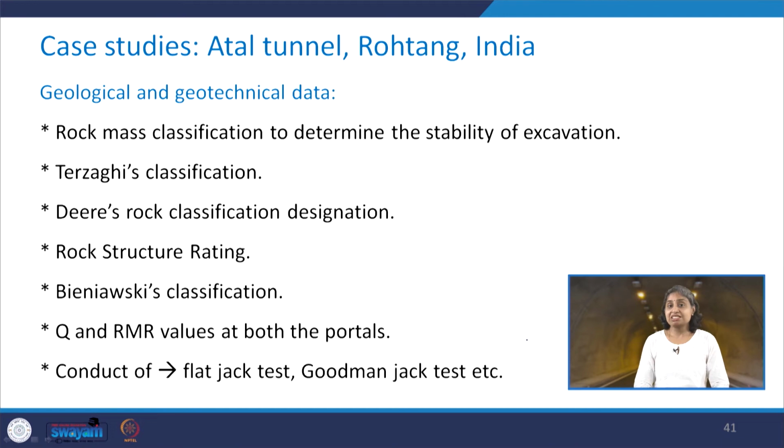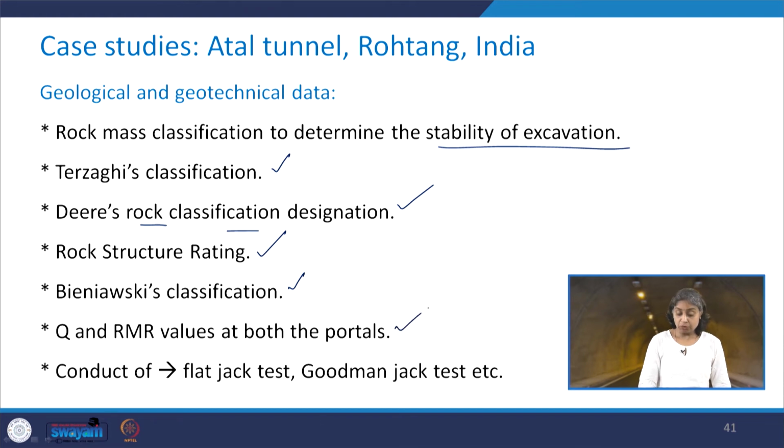Rock mass classifications were used to determine the stability of the excavation. So Terzaghi's classification we learnt was used. Deere's rock quality designation was used, rock structure rating, then Bieniawski's classification, and then Q and RMR values were obtained at both the portals, north as well as south.